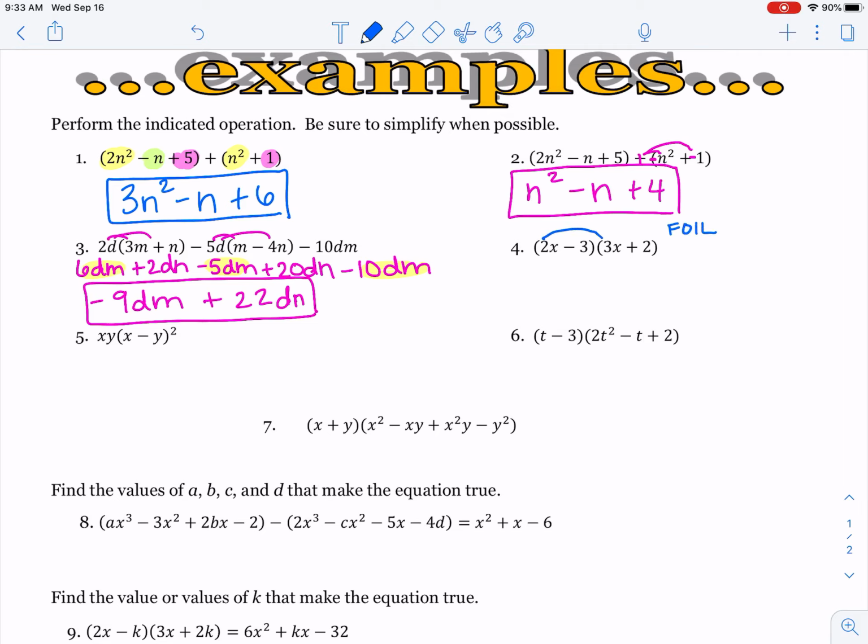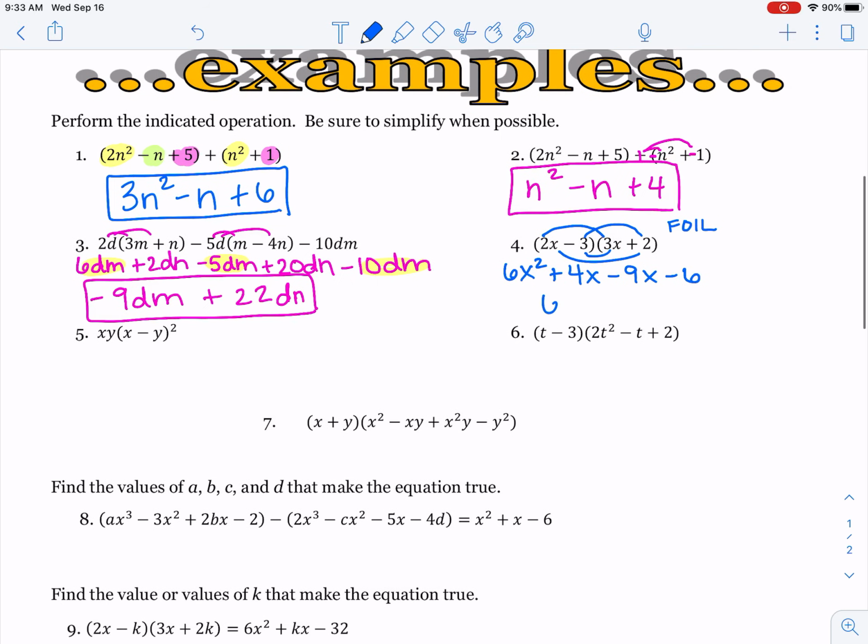So I'm going to multiply my 2 firsts, my 2 outers, my 2 inners, and my 2 lasts. Then all you have to do is combine like terms. So a binomial times a binomial, you're simply going to FOIL.